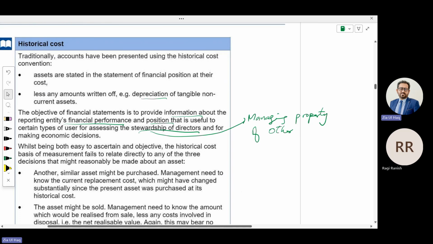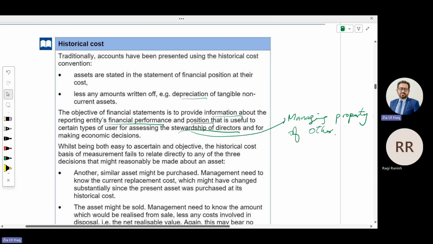Property means assets of others. Directors are stewards to shareholders, meaning they are managing the shareholders' property, meaning the company. So by stating assets on historical cost basis, directors show stewardship towards shareholders.